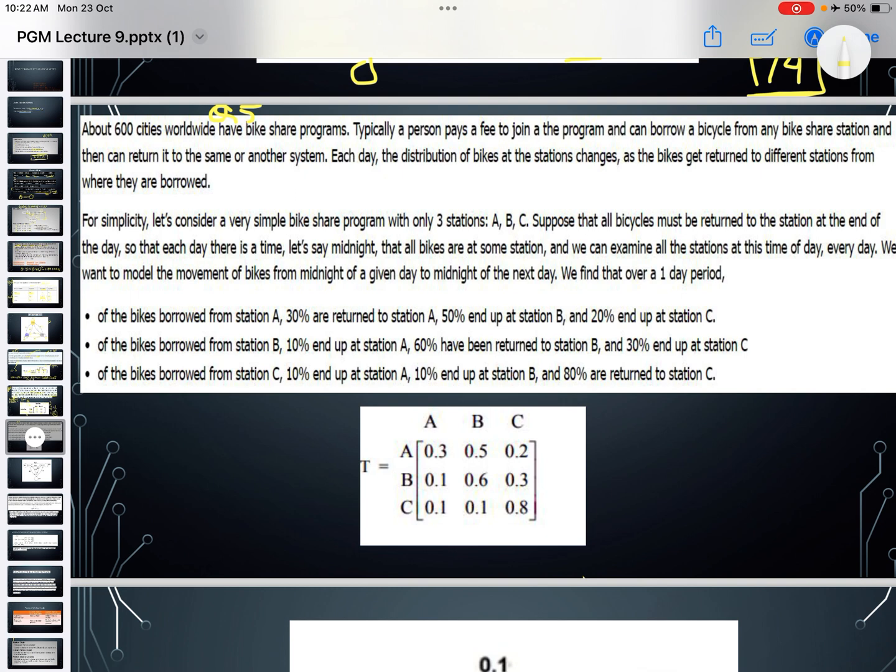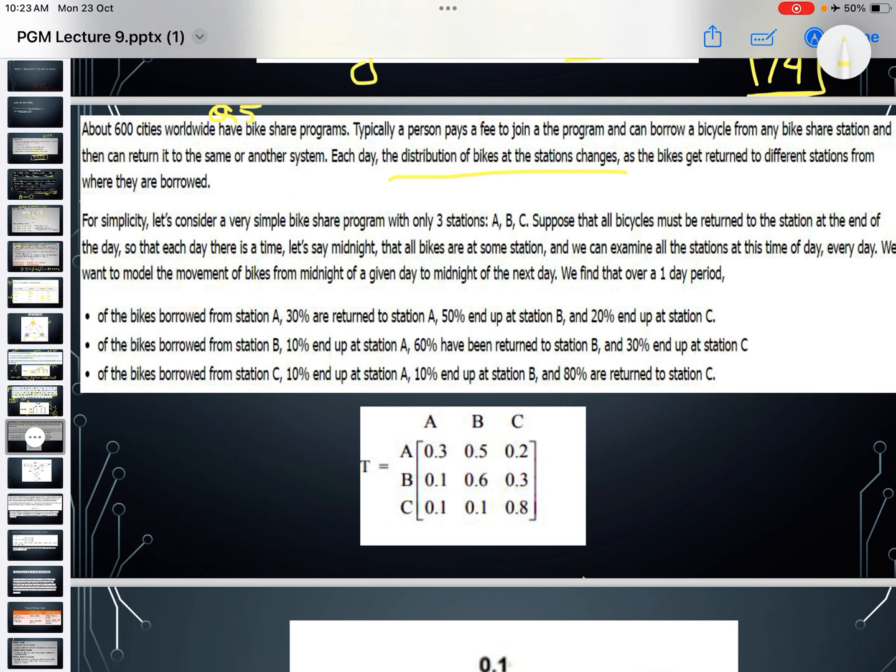Each day, the distribution of bicycles at the stations changes as the bikes get returned at different stations from where they are borrowed. So the bikes, if they are borrowed from one station, can be returned to some other station also. For simplicity, let's consider a very simple bike share program with only 3 stations A, B and C.